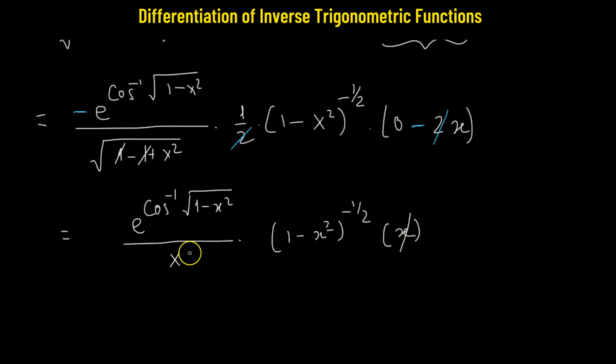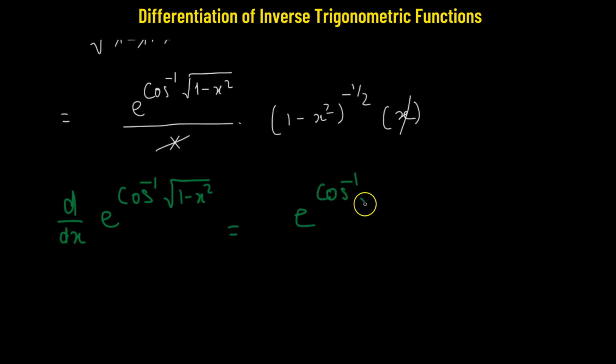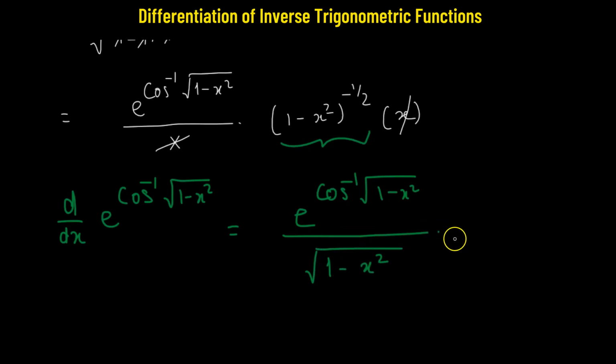So this x and this x go away, and our final expression will be equal to e raised to the power of cosine inverse of square root of 1 minus x squared. We can take this expression to the denominator, and that will be simply square root of 1 minus x squared. And this is the final solution.